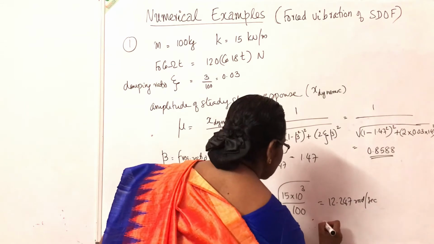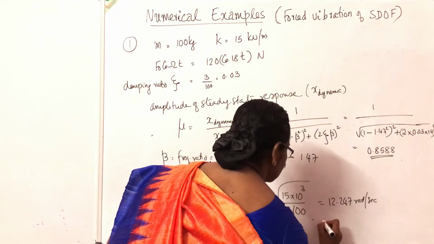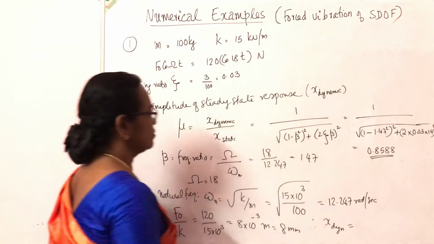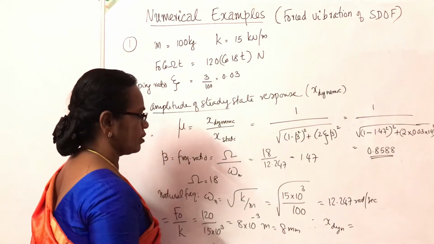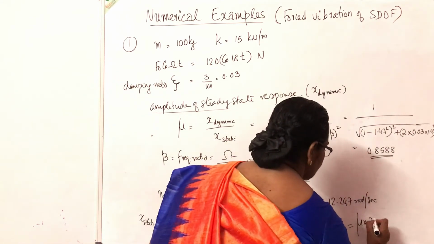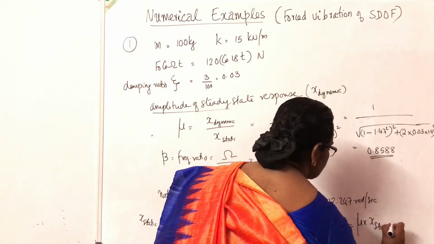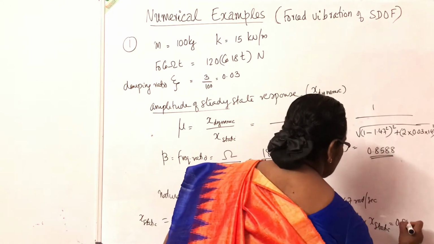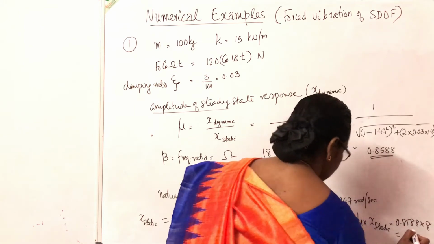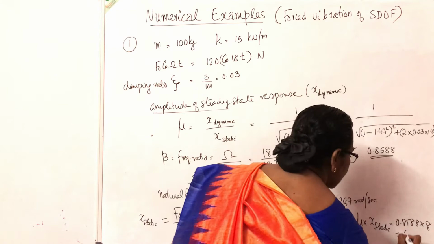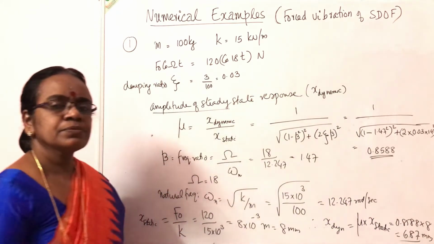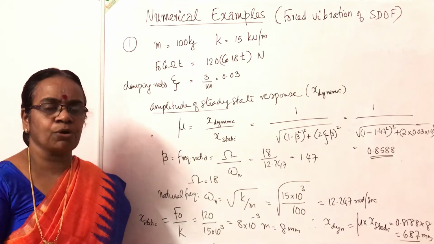Therefore, the dynamic displacement, the amplitude of steady state response, X dynamic, is equal to mu times X static, so that is 0.8588 into 8, which will work out to 6.87 millimeter. It's a very simple example directly based on the formula.